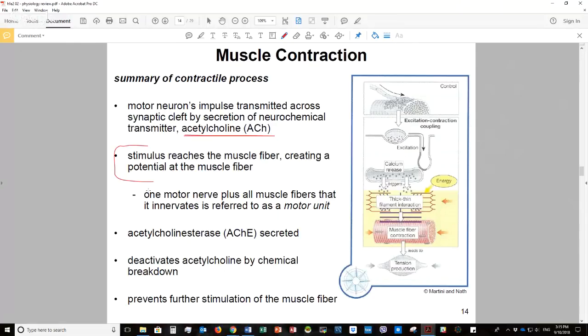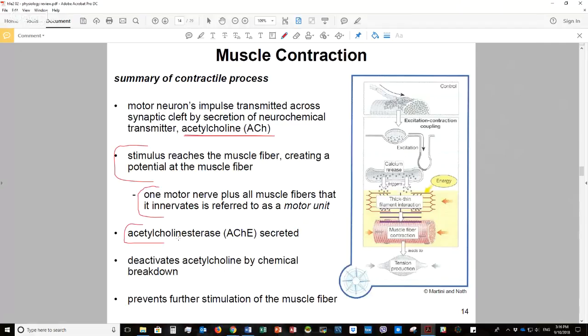So in a way, it's kind of like a neuron, because it can transmit that signal through itself. So again, remember, one motor unit is the nerve plus all the fibers that nerve innervates. So as the signal is going down into the muscle, we don't want the acetylcholine hanging around, and so acetylcholinesterase gets secreted, and it does kung fu on all the acetylcholine.